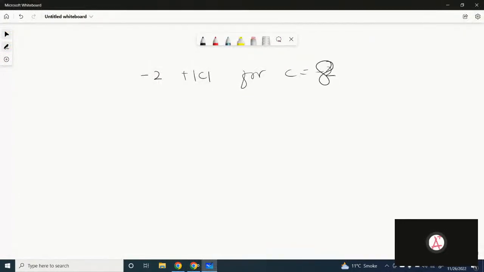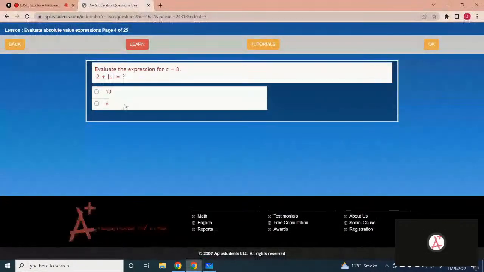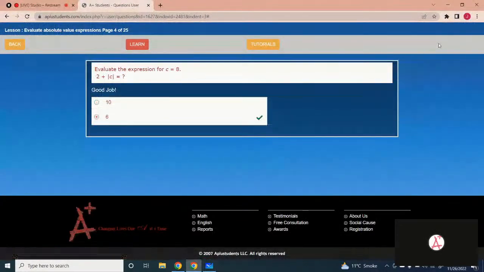It would be 8. Just replace the variable with the value. It would be negative 2 plus the absolute value of 8. So the absolute value of a positive number is a positive number. Got it? And then 8 minus 2 is 6, so it would be 6. Just select the correct option and click on the OK button.